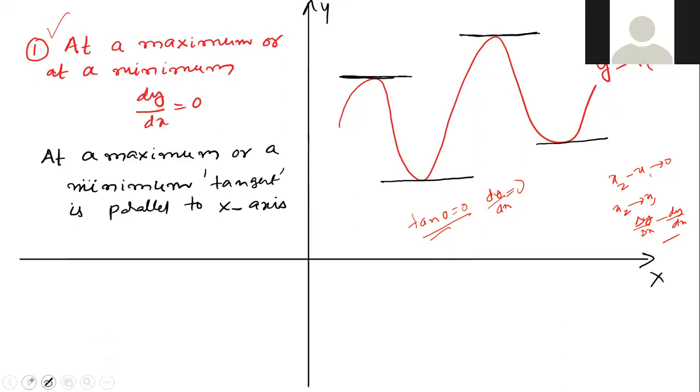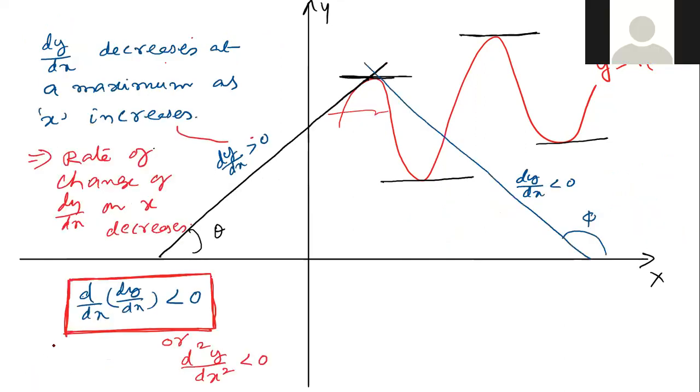Right. Now, what is the difference? Because at both the maximum and minimum values, we said dy by dx is 0. Is there any difference between the maximum and minimum? It is there. Look, just before the maximum, if I draw another tangent, do you follow?